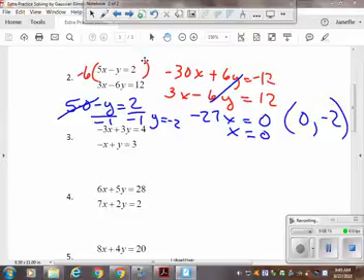As you go through these, I want you to keep in mind one other thing. Some of these might be no solution, and some of them might be infinite solutions. The difference between those two in Gaussian elimination is this: for no solution, everything drops out on the left, but you'll have a number on the right that's not equal to the left. When you have infinite solutions, everything drops out.